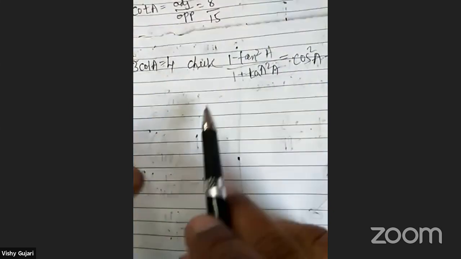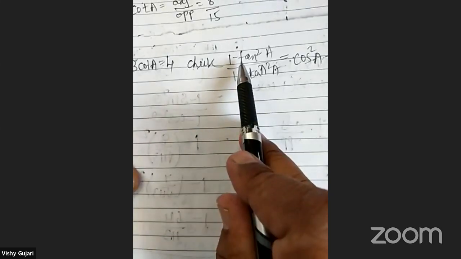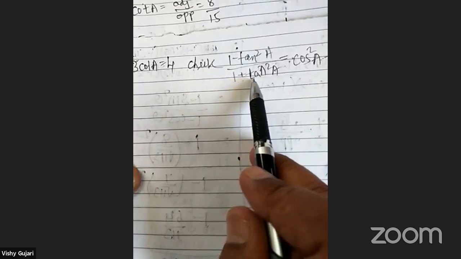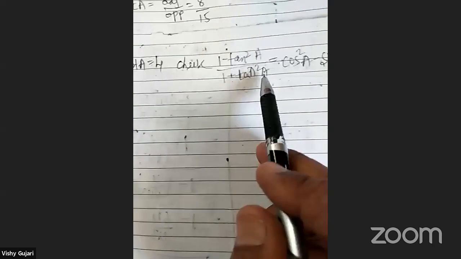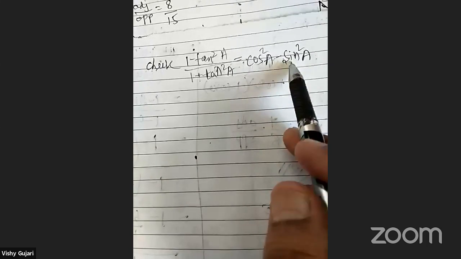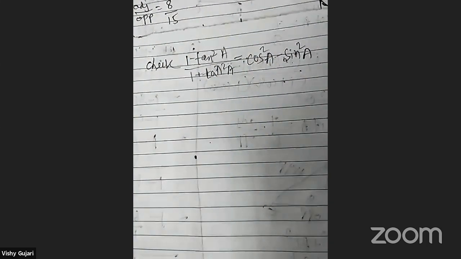Check: 1 minus tan square A divided by 1 plus tan square A is equal to cos square A minus sin square A, or not. Write down the problem.